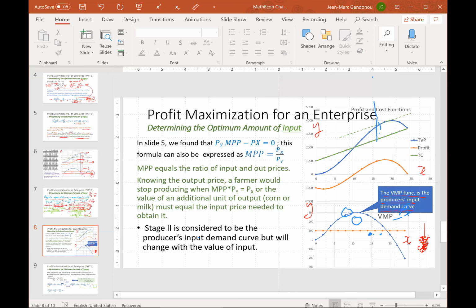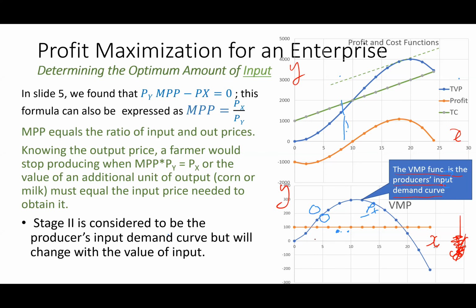As we are adding input from left to right, we are increasing input, and we get the corresponding output. So you get to a maximum here, but as long as the value marginal product is above the input price, px, then you can continue to apply input because the difference between the two is profit in any case.